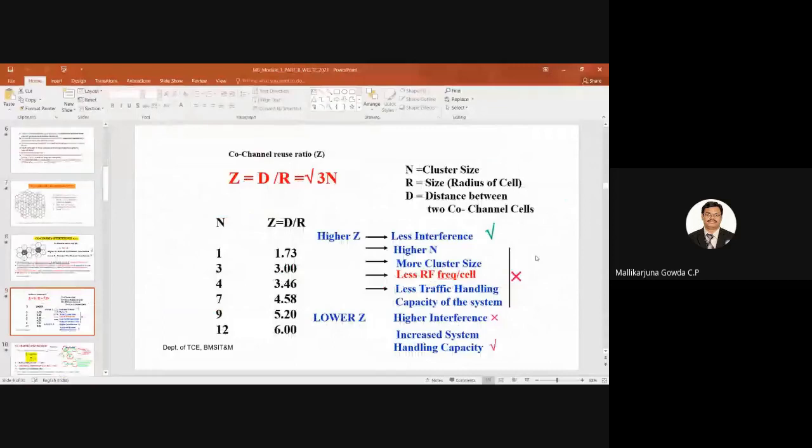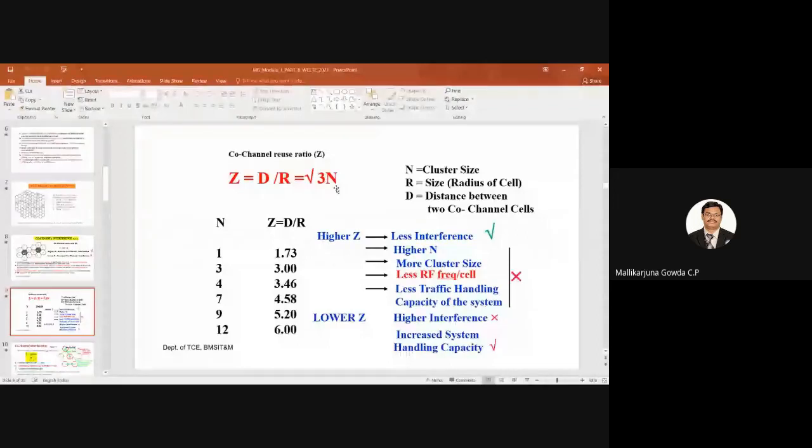I said that Z is equal to D by R, which can also be written as the square root of 3N, where N is the cluster size. As I said, the co-channel reuse ratio is D by R, which is equal to the square root of 3N.